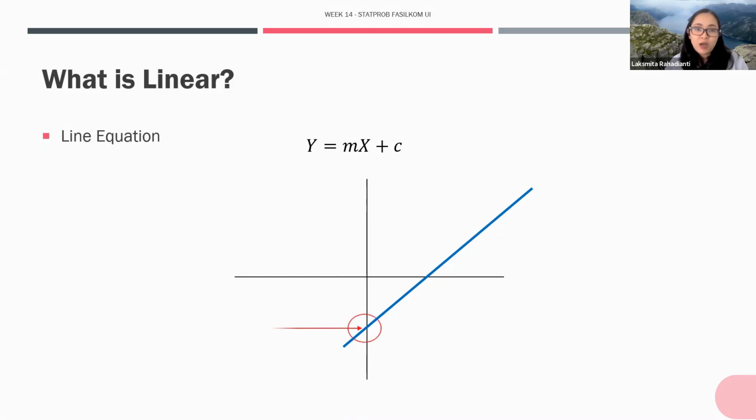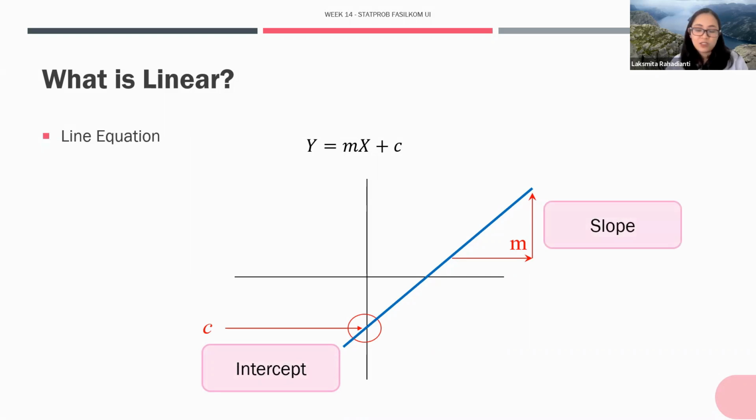From this, we know that c is the intercept and m is our multiplier, the slope. So I think you should have covered this both in linear algebra as well as in calculus, in line equations. So I won't go that much into detail.